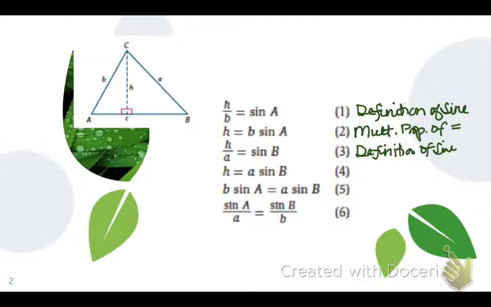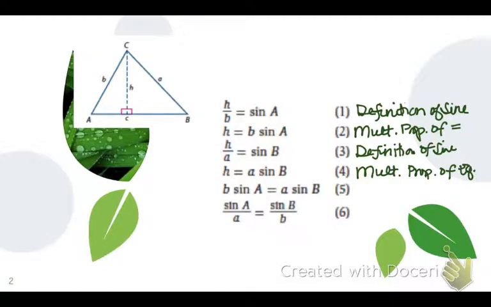So again, the sine of angle B is equal to the opposite side, which is h, over the hypotenuse, which is A. And again, using our multiplication property of equality, we can say that h is equal to A times the sine of B.